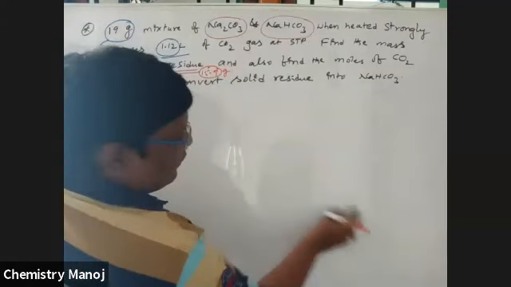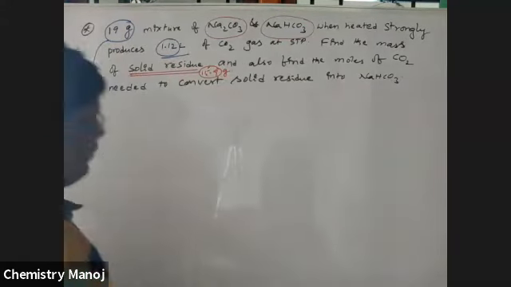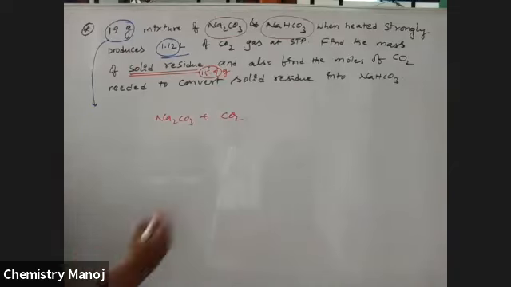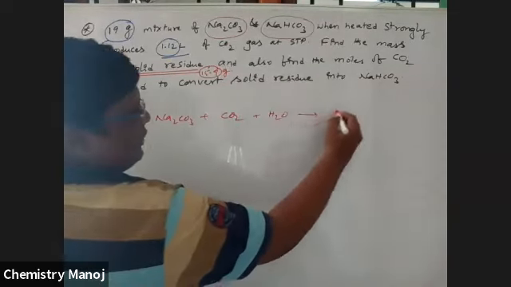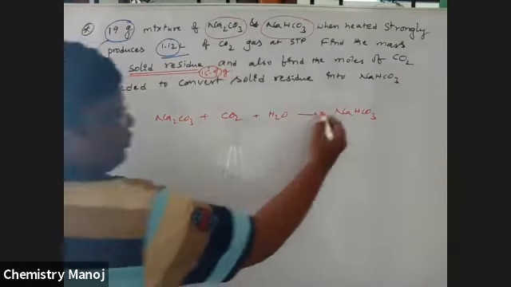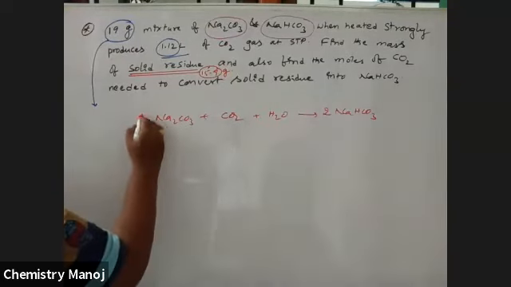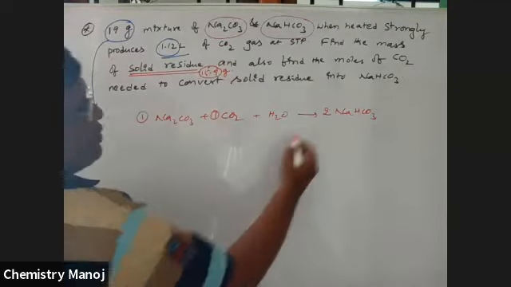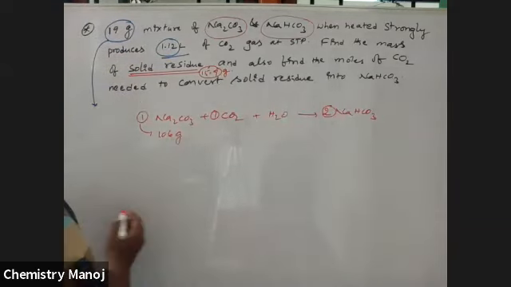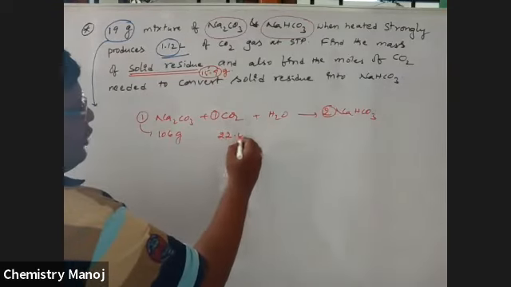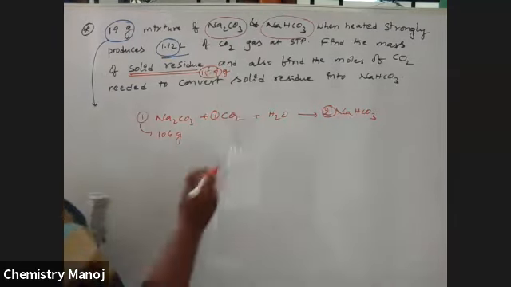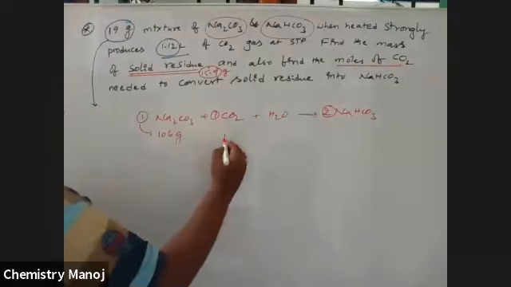That residue once again gives NaHCO3: Na2CO3 reacts with carbon dioxide in water and gives 2 moles NaHCO3. So 1 mole reacts with 1 mole CO2 to give 2 moles NaHCO3. 1 mole means 106 grams, and 106 grams needs 22.4 liters CO2, that is 1 mole CO2. Because moles of CO2 were asked, here 1 mole is taken.